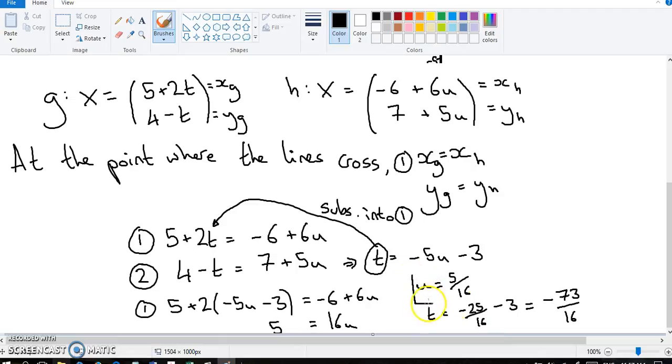Then my final job is to substitute u back into the equation for h, and my t back into the equation for g, just as a double check, and I should get the same point out.